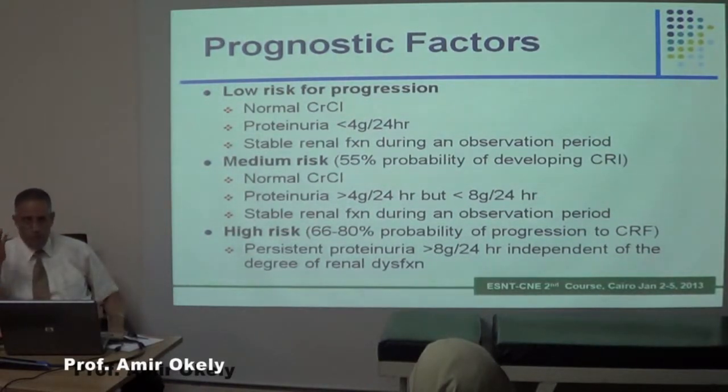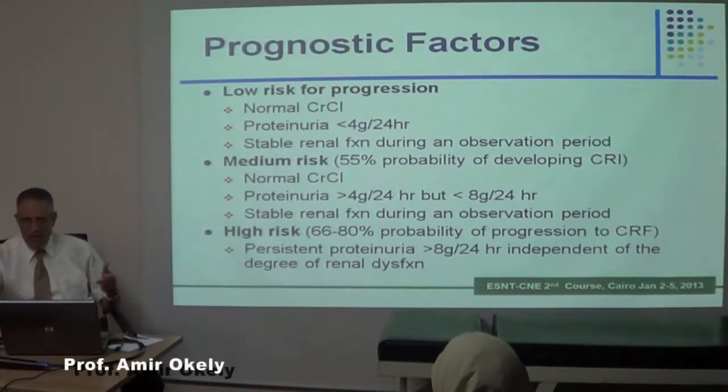Either low risk for progression, defined by normal creatinine clearance, proteinuria less than 4 grams per 24 hours, and stable renal function during an observational period, which usually extends for 6 months.